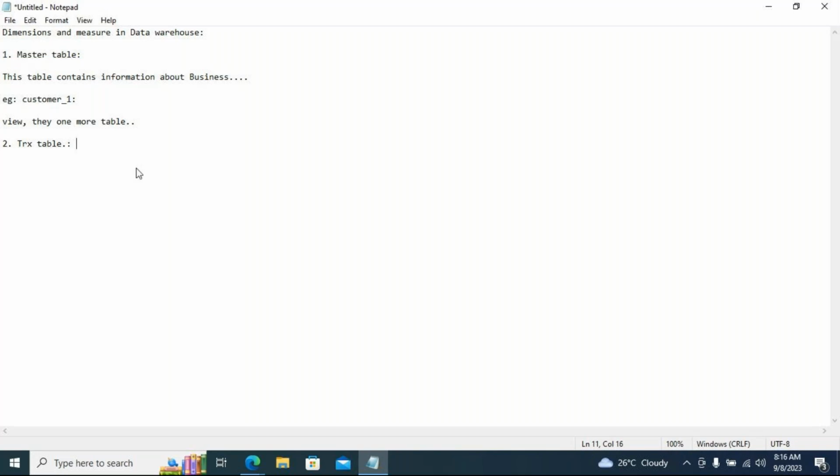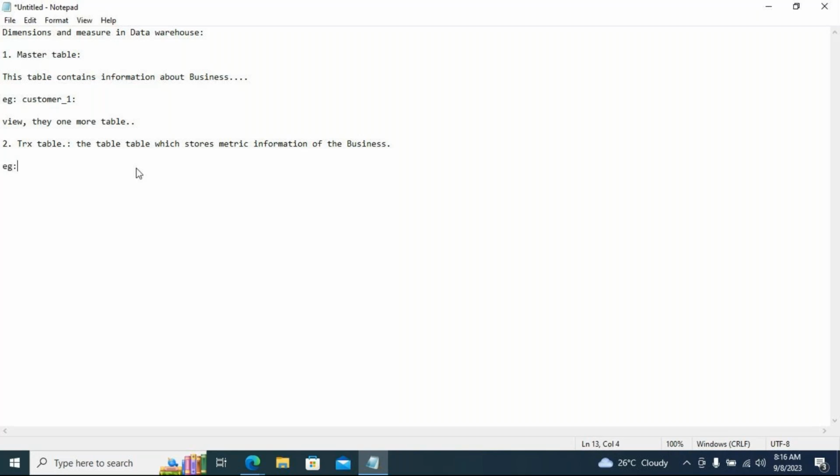Got it? So this is a master table in the data warehouse. Whereas coming to the transaction table, the table which stores metric information of the business. What is the metric information of the business?